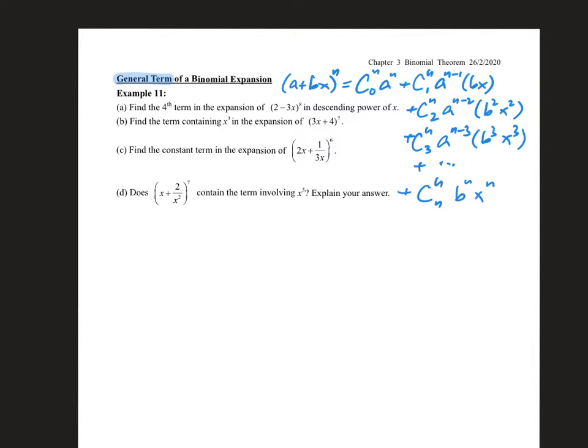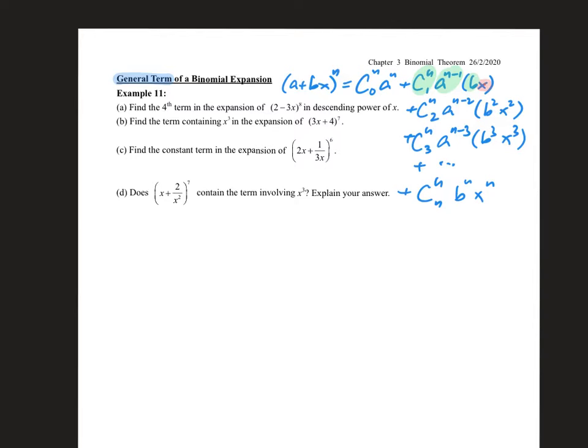But now when we consider the general term, can you see that when you're considering a different power of x, there is generally a formula? For example, for x to the power 1, it's nC1, a to the power n minus 1, and b to the power 1.